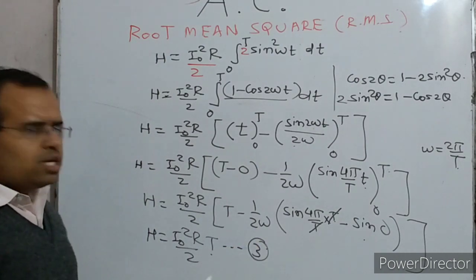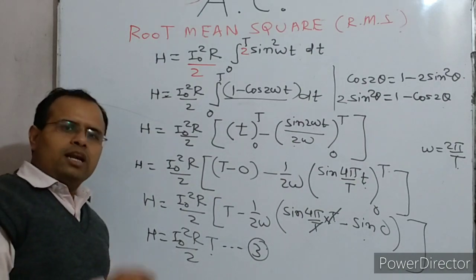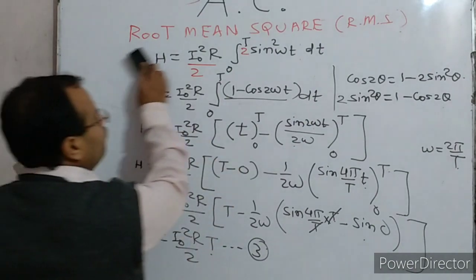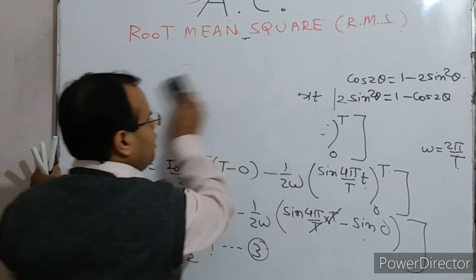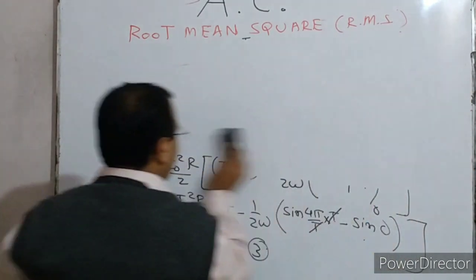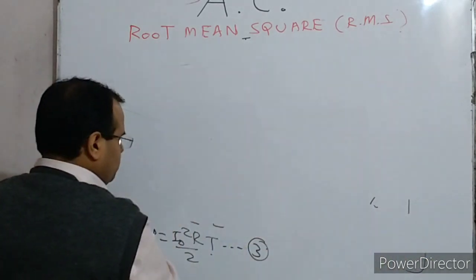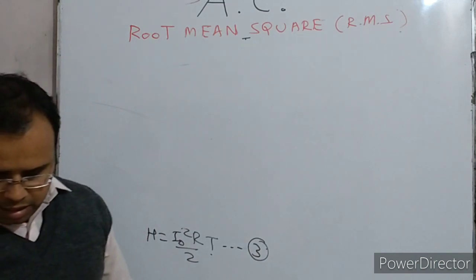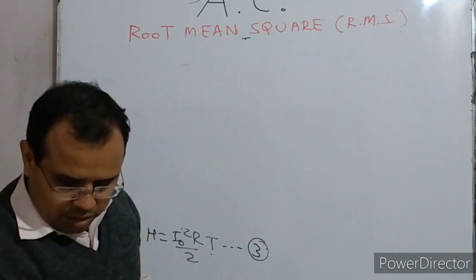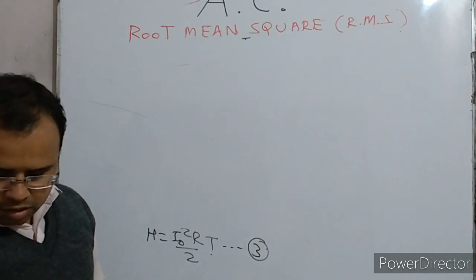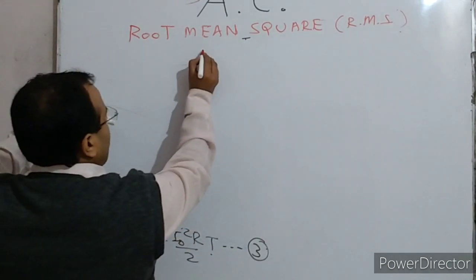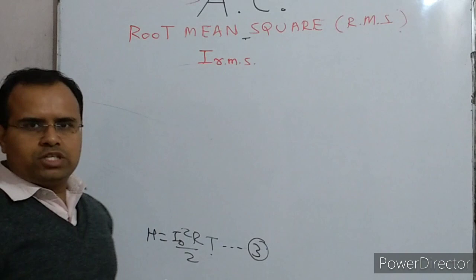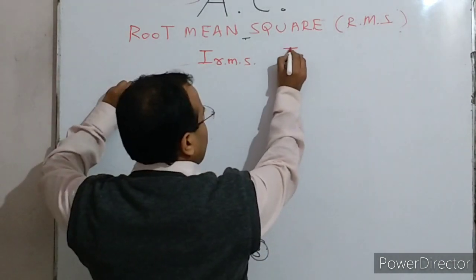Now this is the amount of heat generated when alternating current is flowing through the circuit for time capital T. As per the definition of root mean square value of alternating current, we have to assume that a constant direct current is flowing through the circuit for the same time capital T, and let us write that constant direct current as I RMS.